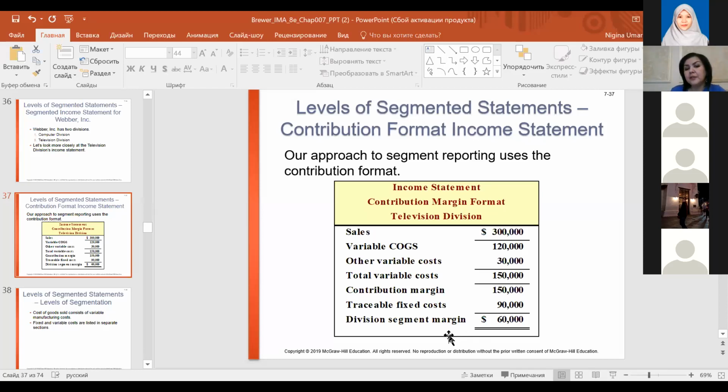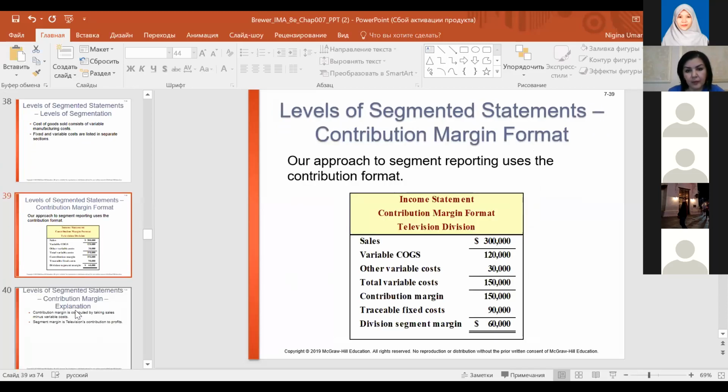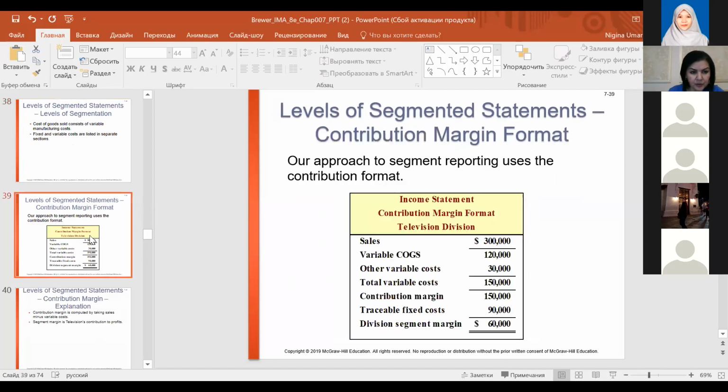And we get the division segment margin. Cost of goods sold consists of variable manufacturing, we know, and fixed and variable costs are listed in separate sections.